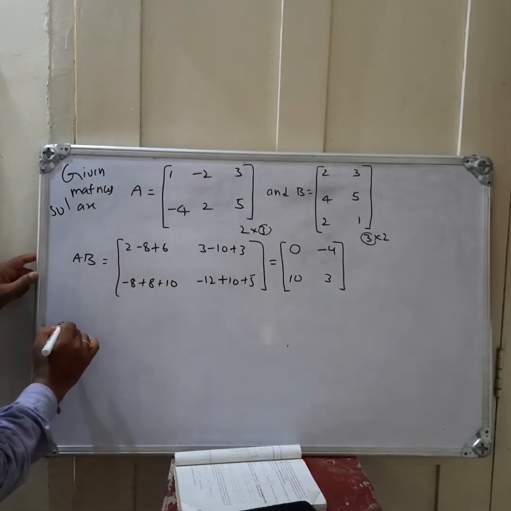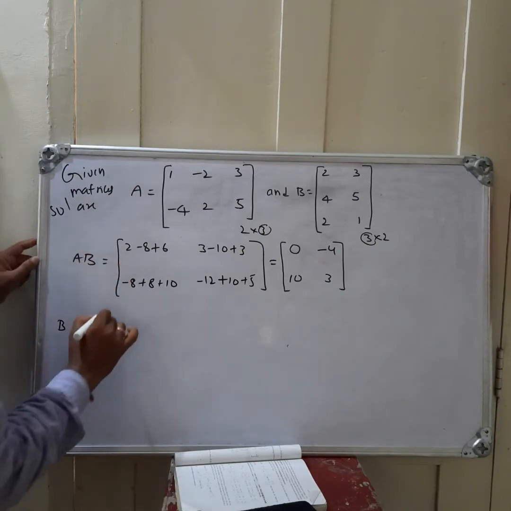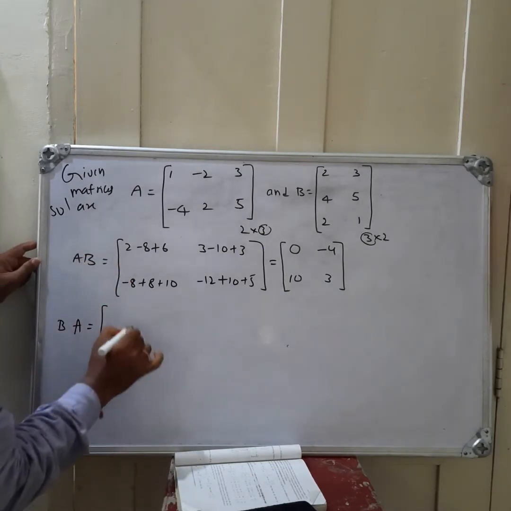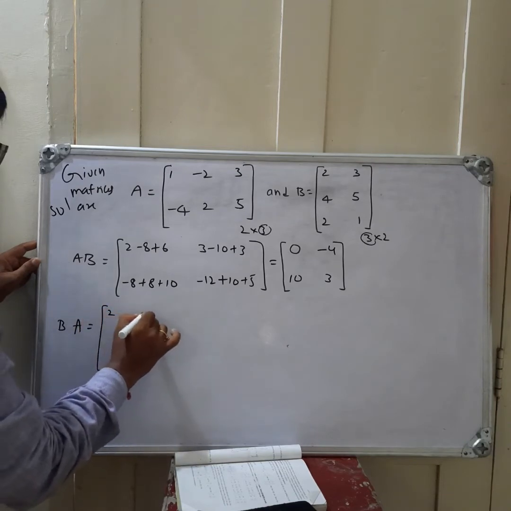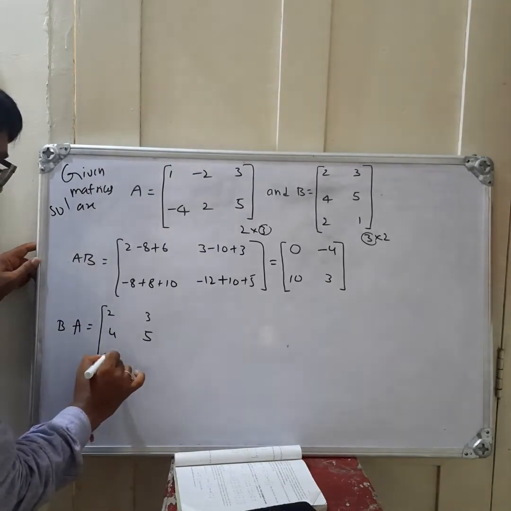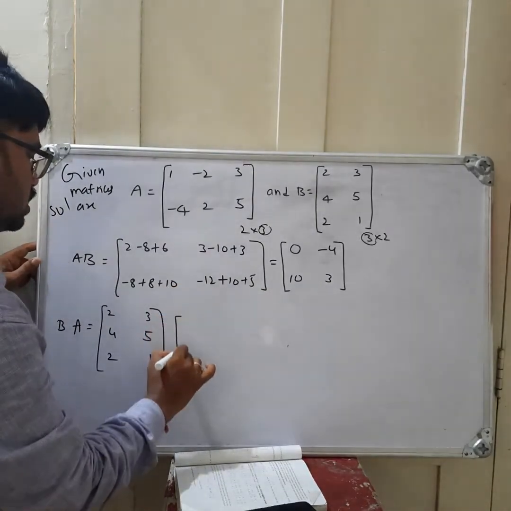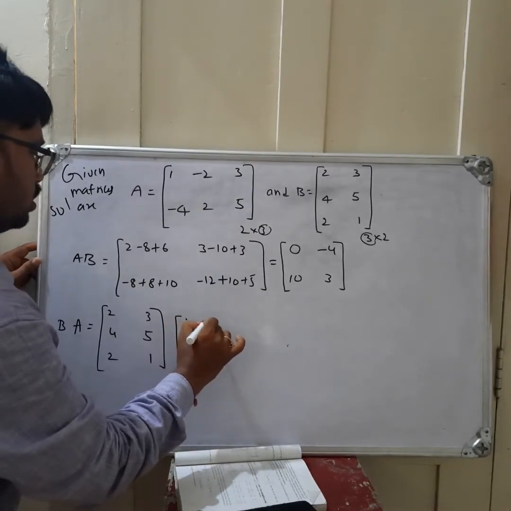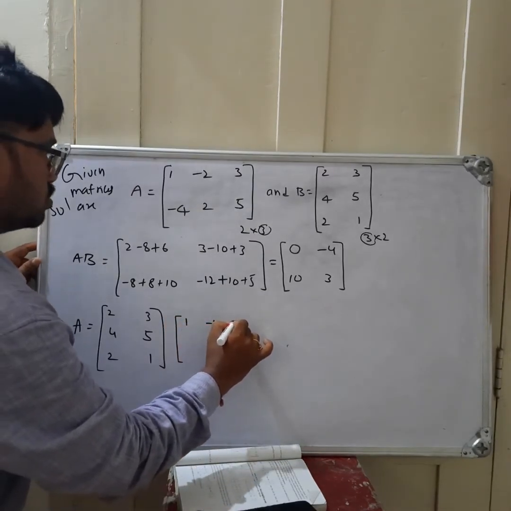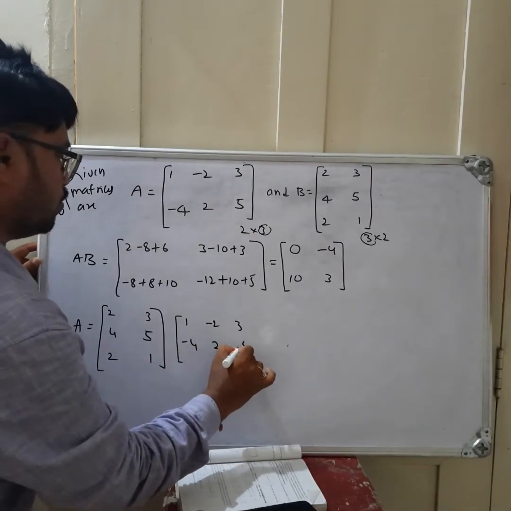Next step, BA. So here, write first the B matrix, [[2, 3], [4, 5], [2, 1]], and this A matrix is [[1, -2, 3], [-4, 2, 5]].